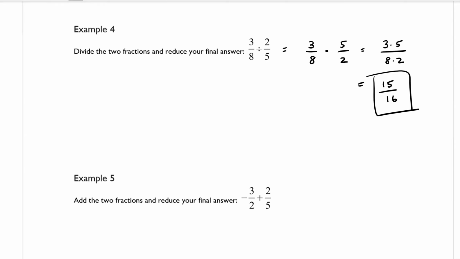Now you might be asking yourself, how do we know that we can't reduce it any further? If we were to break down these numbers, both the numerator and the denominator, into their factors, so 15 can be broken into 3 times 5, and 16, there's several ways we could write it. We could write it as 4 times 4. However, both of those can be broken down.